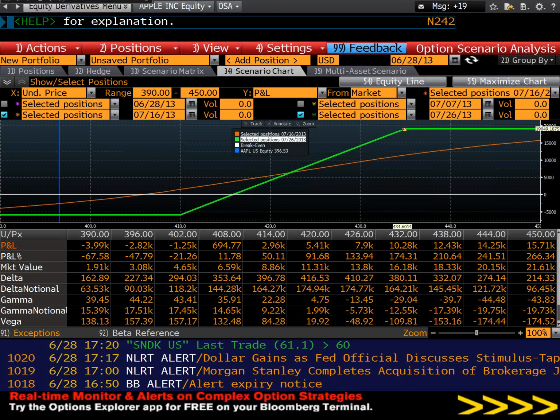You've got to either roll it up, meaning you go from a 410, 435 to a 435, 465, whatever. But staying naked short calls in front of a catalyst is like putting a grenade in your mouth and pulling the pin. At that point, you just pray it doesn't go off.